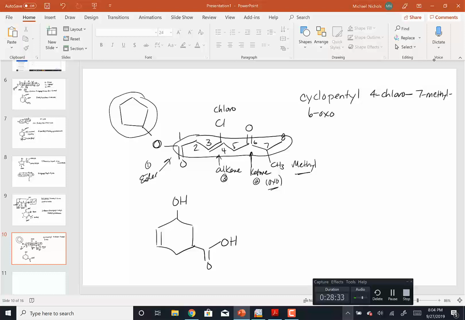So now we have an oct, alkane, alkene, alkyne. It's an alkene, so oct 3-ene. What's the highest priority functional group suffix name? OATE, because it's an ester. So this would be cyclopentyl 4 chloro, 7 methyl, 6 oxo, oct 3-enoate.